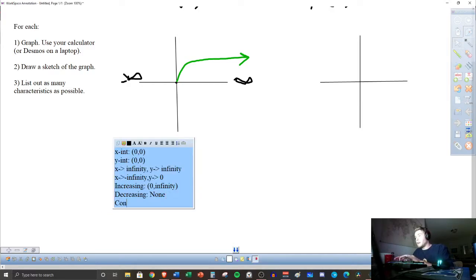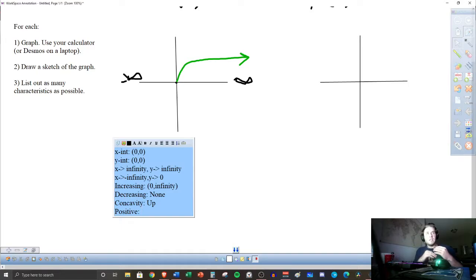We have concavity. So that's talking about the right side of the graph, if you remember that from the chapter when we were graphing polynomials. Same thing applies here. What's the behavior on the right side? That's what concavity is. Well, it's concave up, right? So that right side is going up. Okay. Other characteristics that we can figure from this. Positive.